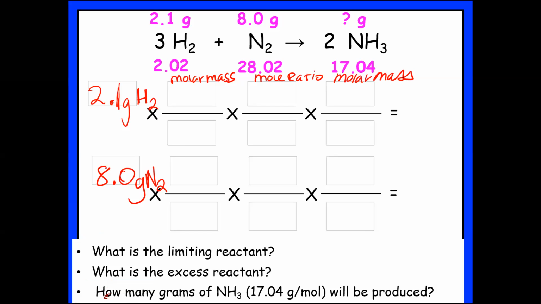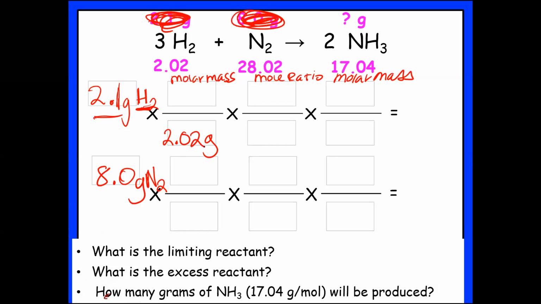Okay, so in the first boxes, we put the molar mass. Molar mass of H2. So what are we going to put in the bottom? 2.1 and 2.02. Is that right? So 2.1 is our given. So 2.02 would be at the bottom. Yes.